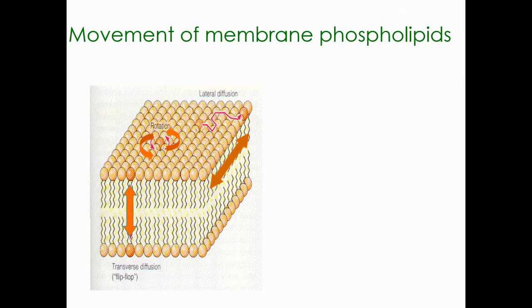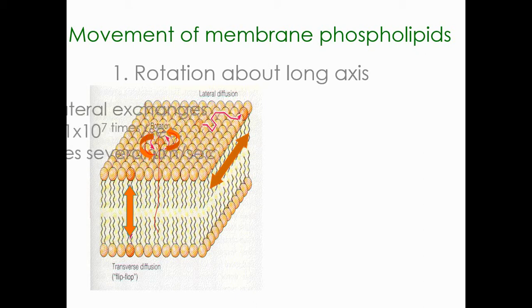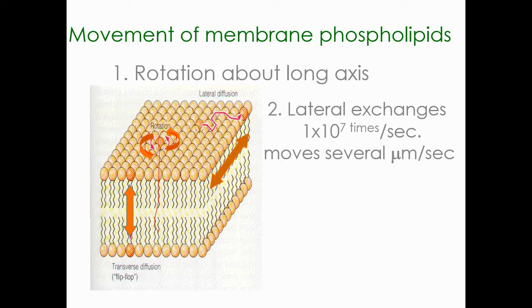So how do the phospholipids move? They can move by rotation about the long axis. The axis is vertical and then it rotates, just like the rotation of the earth. And then it could also move as lateral exchange.